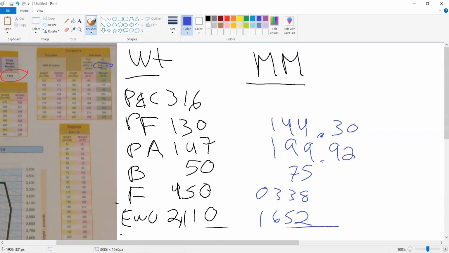Next we have pilot and co-pilot, and that is 316, and that's the front seat, so we multiply by 85.